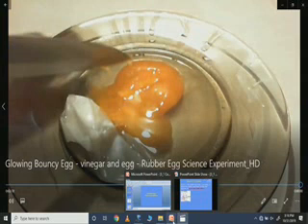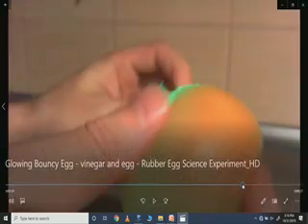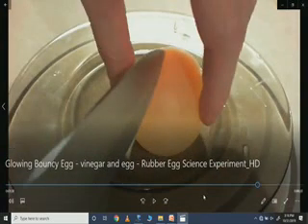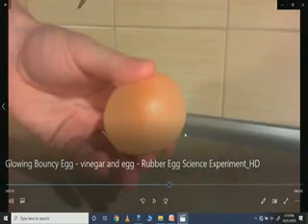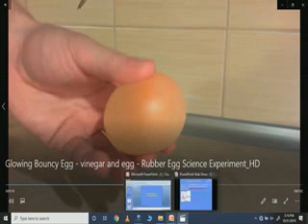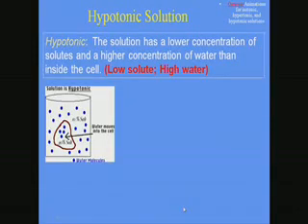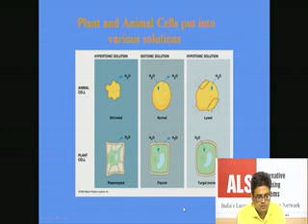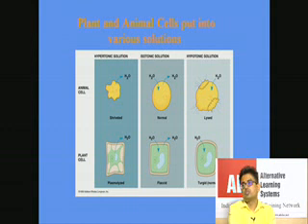If I am taking this egg and putting it in hypertonic solution, concentrated salt solution or concentrated sugar solution, it will shrink in size.